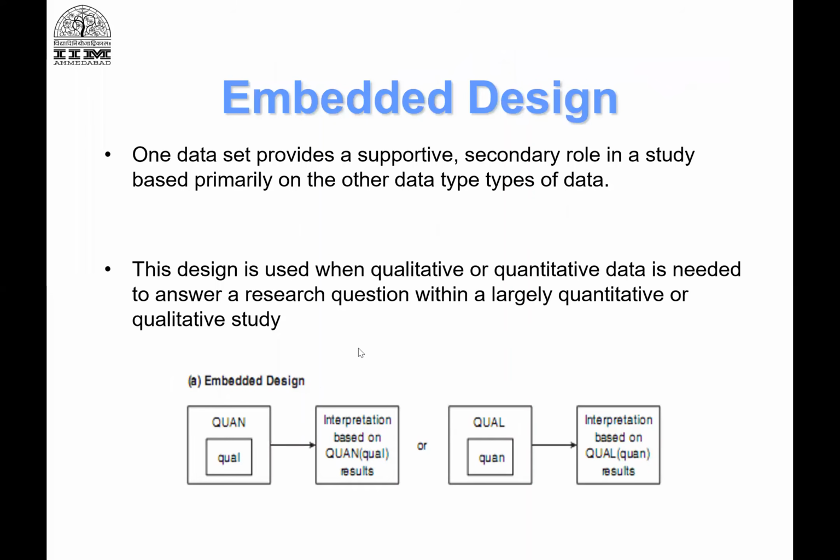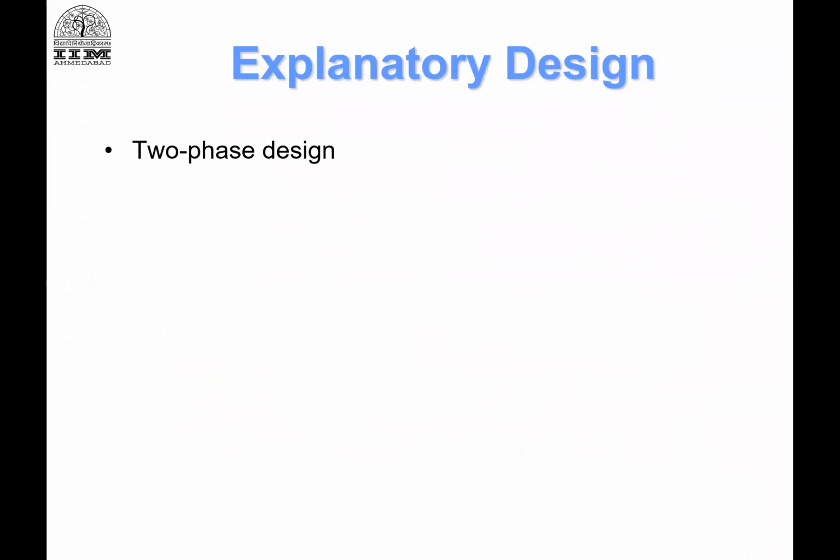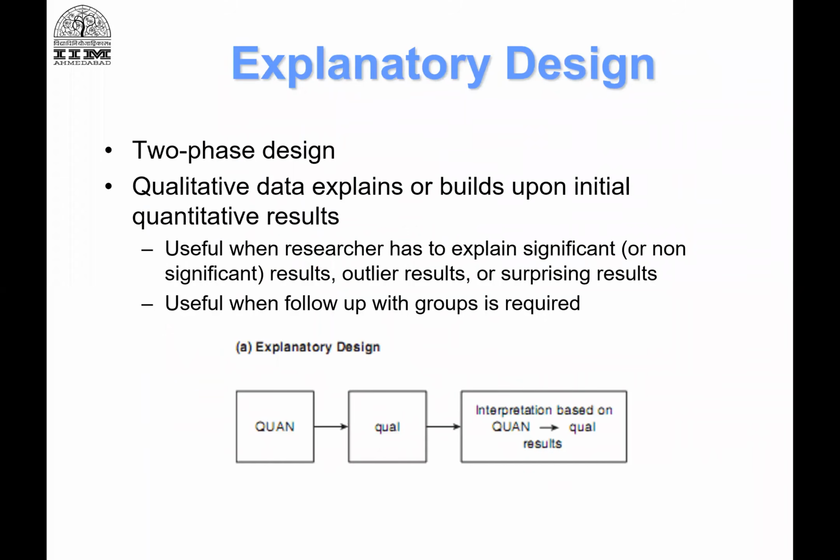So there is another, let me actually first go to the explanatory design, where you have the two-phase design, where you do quantitative first, and qualitative data explains or builds upon the initial quantitative results.